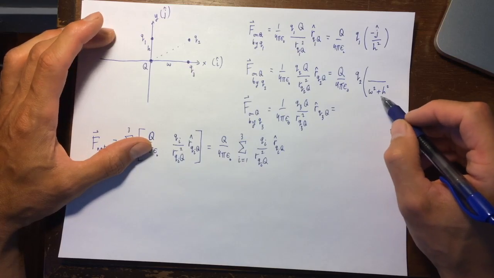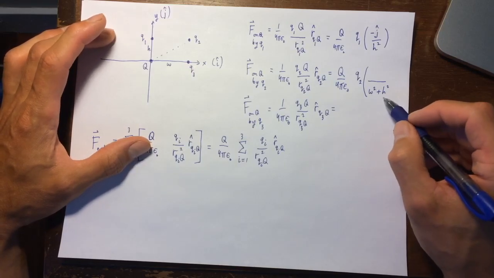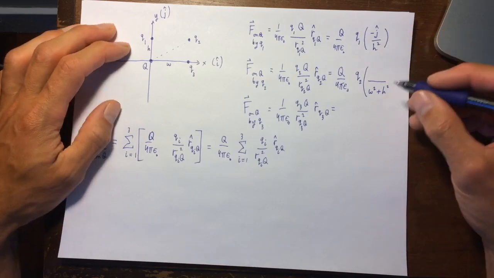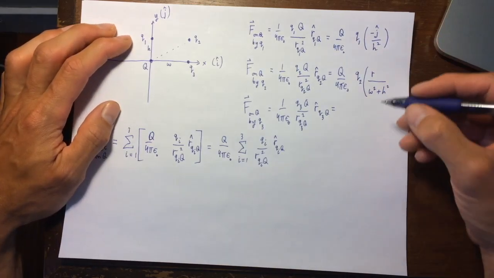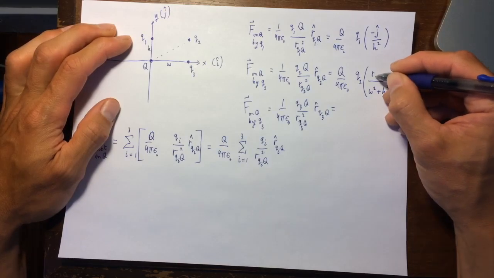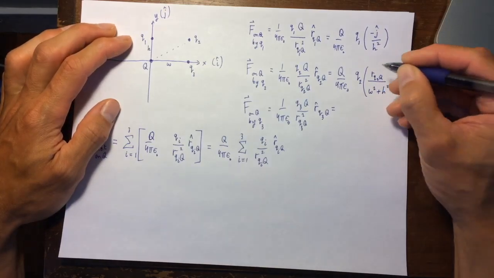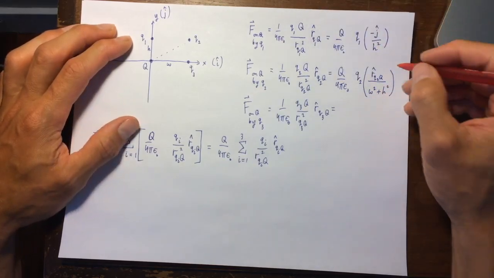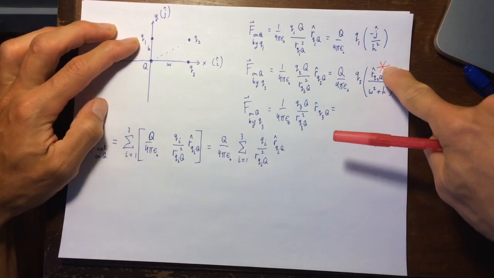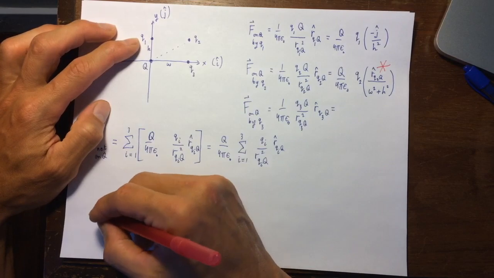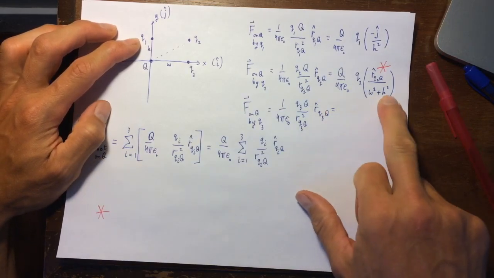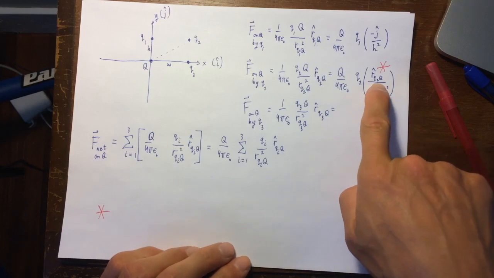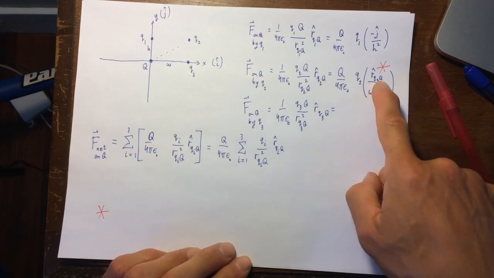I skipped some steps to find that out, but I just simply used the Pythagorean theorem without the square root. But the upper thing, for lack of a better thing to write so far, I'm going to write q2 q hat, because I still need to figure this out. So let me put a red star. We're going to figure it out down here in just a second. But anyways, that's the answer to it, if I can write an expression for r hat q2 capital Q.